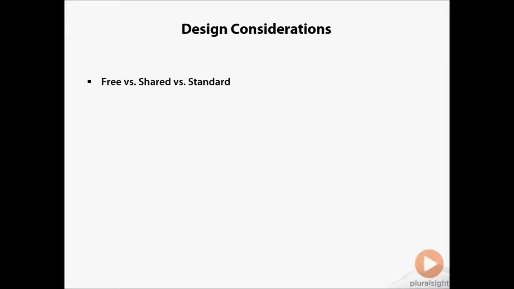So how do you go about deciding which type is right for you? Well, if you're starting out, it makes sense to start with the free mode. Then you can move up to the shared mode, and even within the shared mode, you can increase the instance count to handle the incoming load. But if you truly want an isolated virtual machine, you probably want the standard mode.